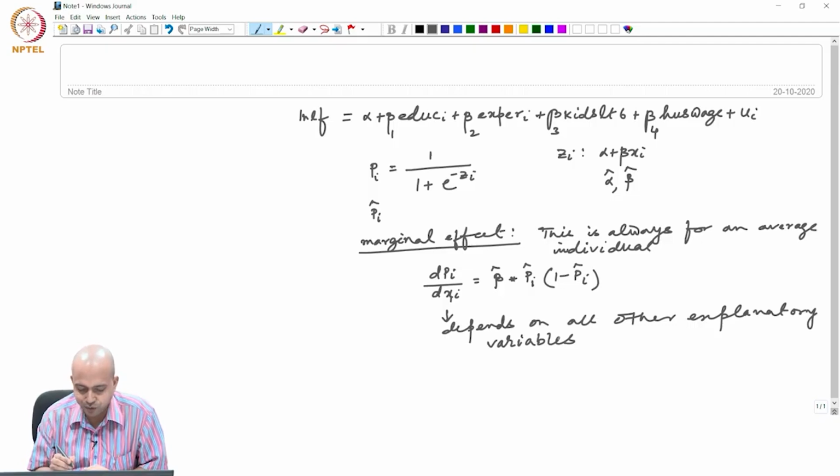In the linear probability model, your pi equals alpha plus beta xi.